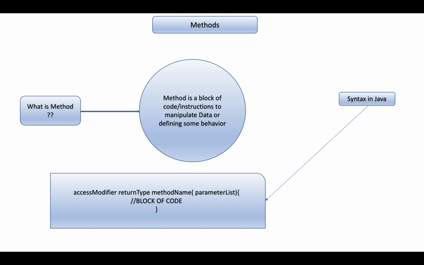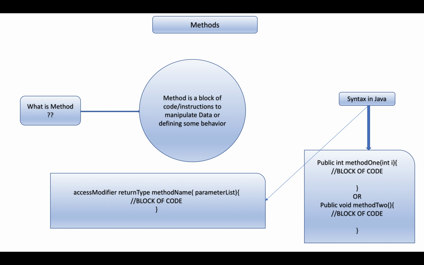The syntax again: you have an access modifier like the previous, you have a return type, a method name, and a parameter list. We'll see in next videos, don't be worried about it for now. This is the syntax. So a method is a block of code. We'll see more, and let's try to do some example.